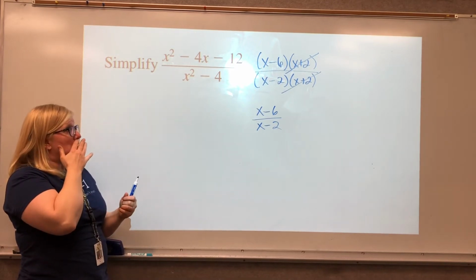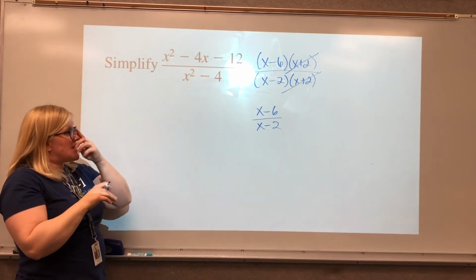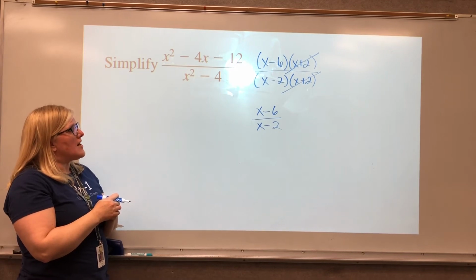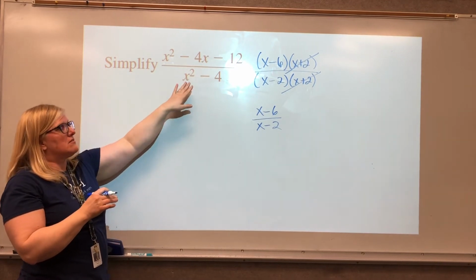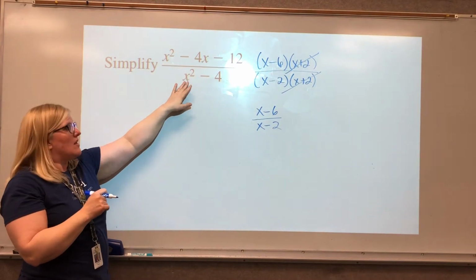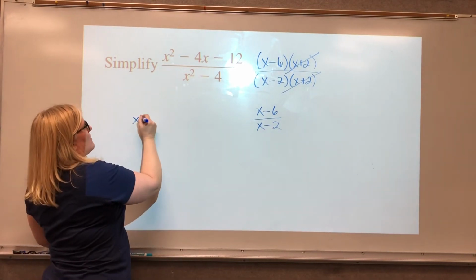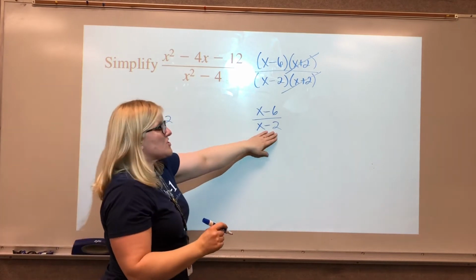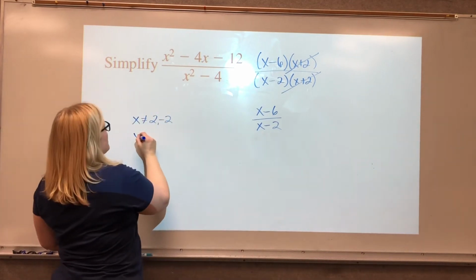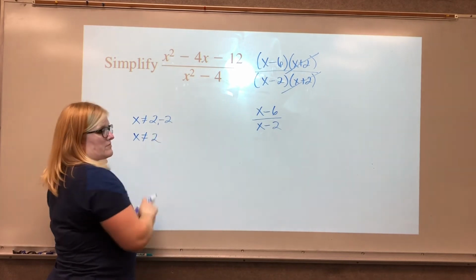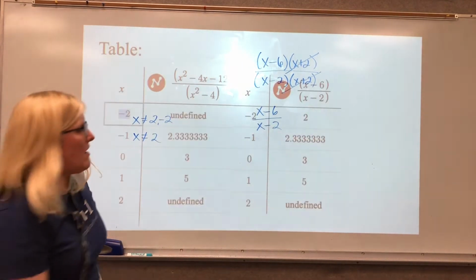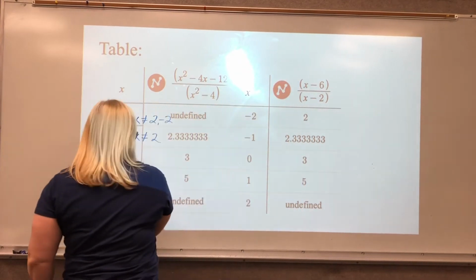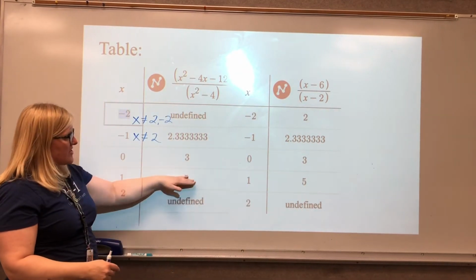Now one thing to note is that in this expression, x cannot be 2 or negative 2. And in this expression, x can't be 2. All right, so if we look at that on a table, what we notice is that all of these are the same.